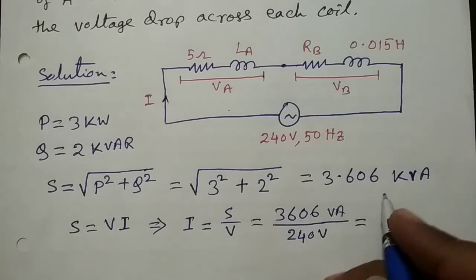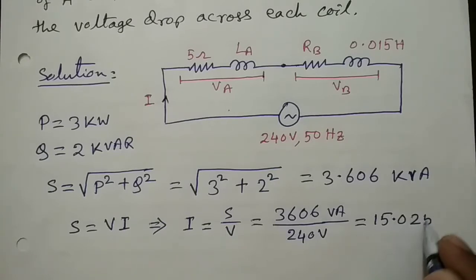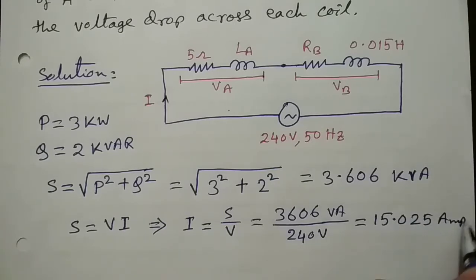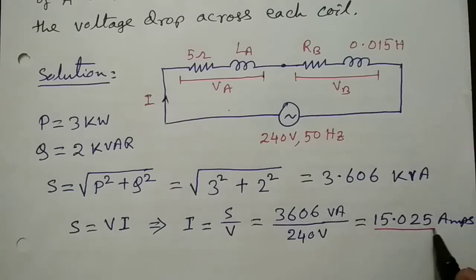And after solving we will get the value of the current, that is 15.025 ampere. This will be the current in the circuit.